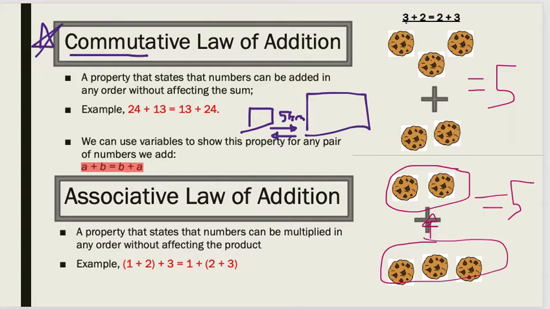It doesn't matter if I'm walking there or walking back, as long as I'm taking the same path, it will be the same. And so what that means is, if I'm adding the same things, it's going to equal the same way.